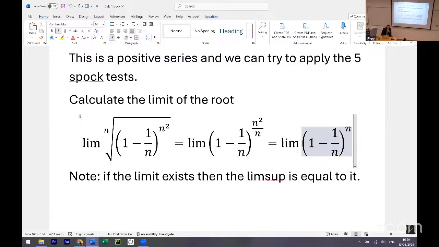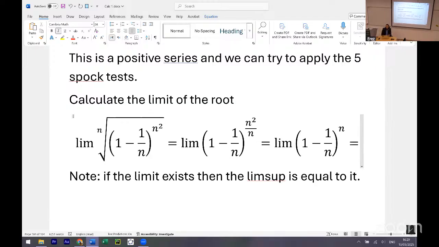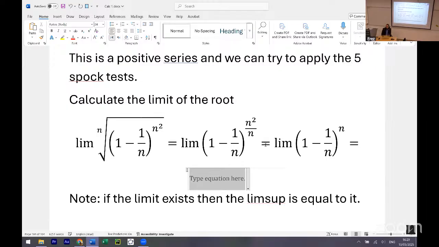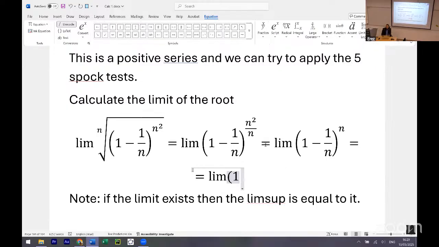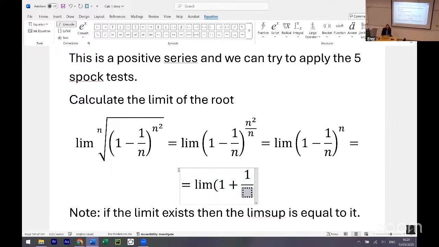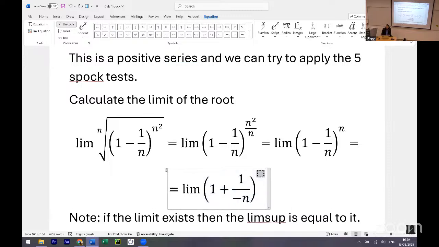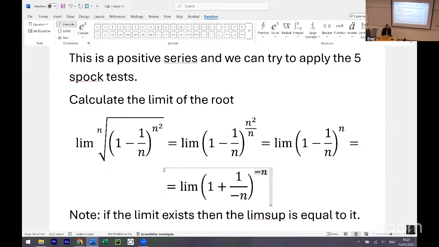Agreed? What is that limit? E? Not exactly. It would have been E if it was a plus. So what do we do? And that's like your homework. Thomas showed me before. We take a minus. You say it's (1 plus 1 over minus n) to the power of minus n. That is E, due to the theorem that we learned.